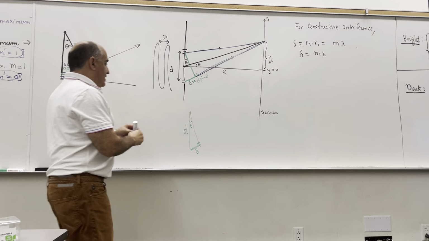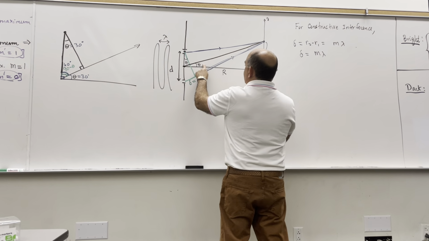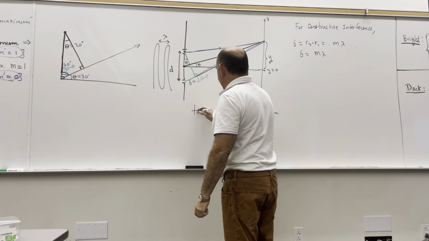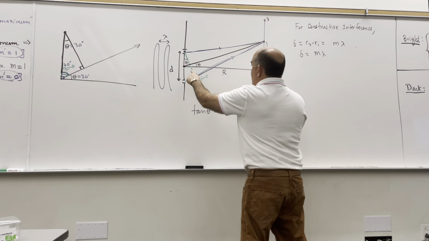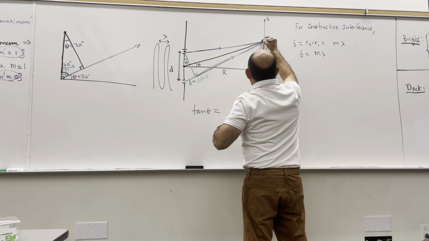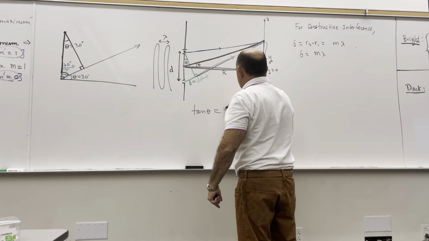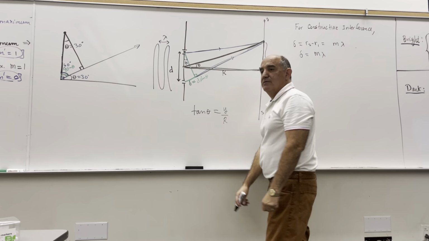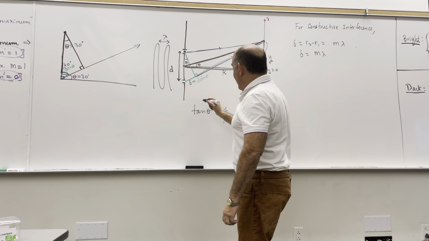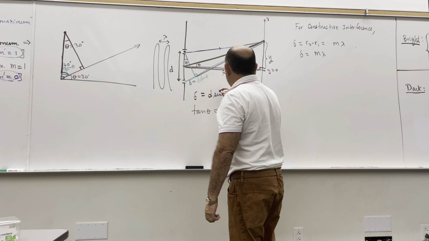And from this geometry over here, what if I take the tangent of this angle theta? The tangent of theta is going to be, if I look at this right triangle now, y divided by r. Yes? But the path length difference can be written as d sine theta.